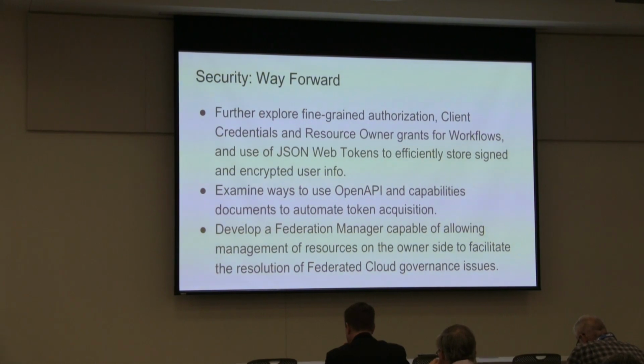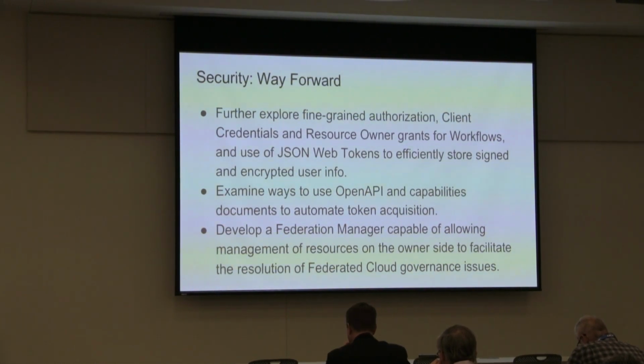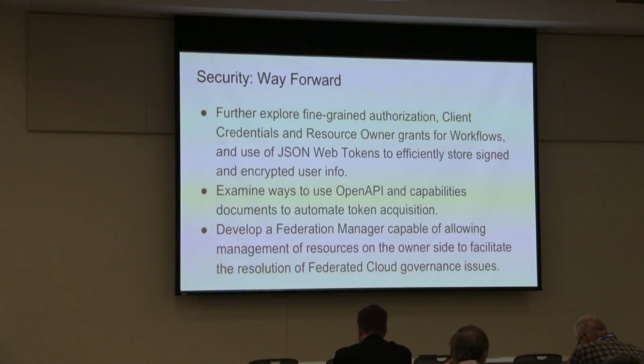So, way to move forward: we have that architecture, but we want to explore in the future more fine-grained authorization mechanisms, client credentials, resource owner grants for workflows, and also using something called JSON Web Tokens to efficiently store, sign and encrypt user information.